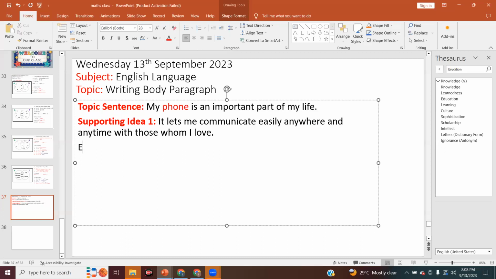Okay, give me an example or another detail. So example number one. Give me another example that would help explain that it helps me communicate easily everywhere at any time. What example might I say? Like for the student, online assignments.